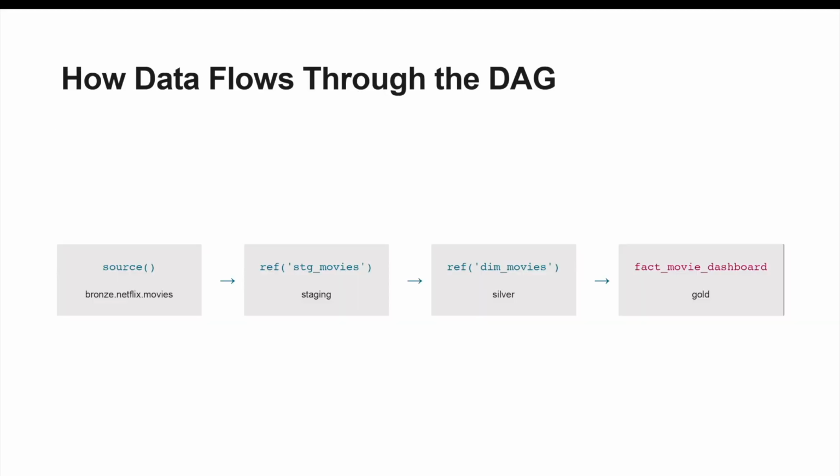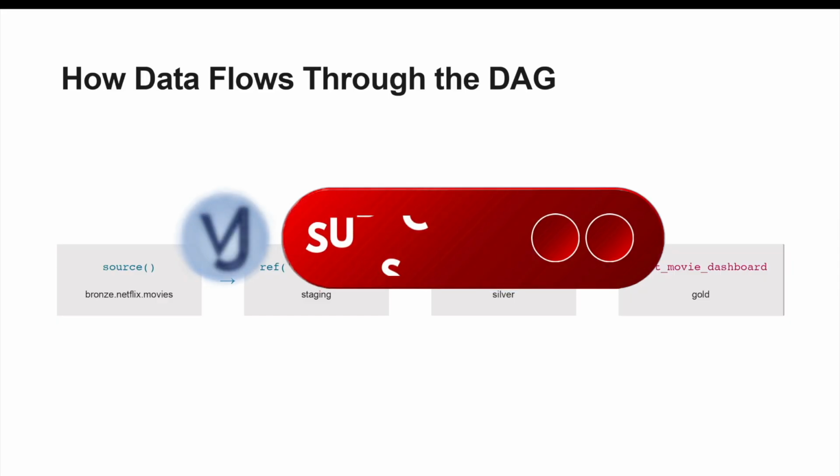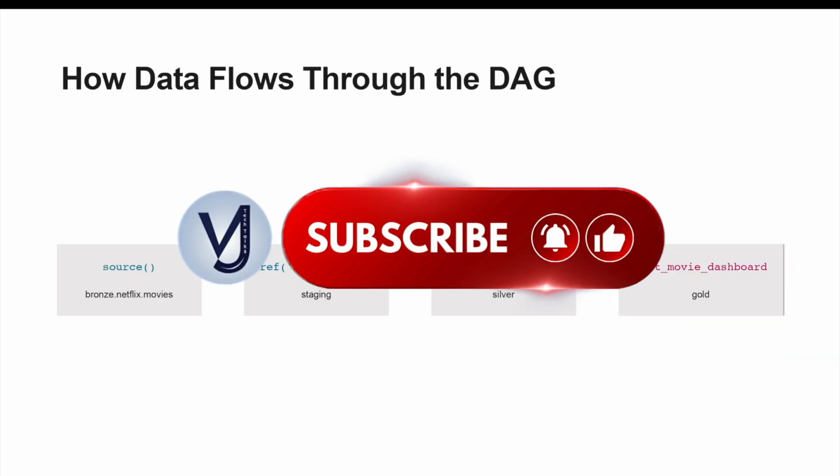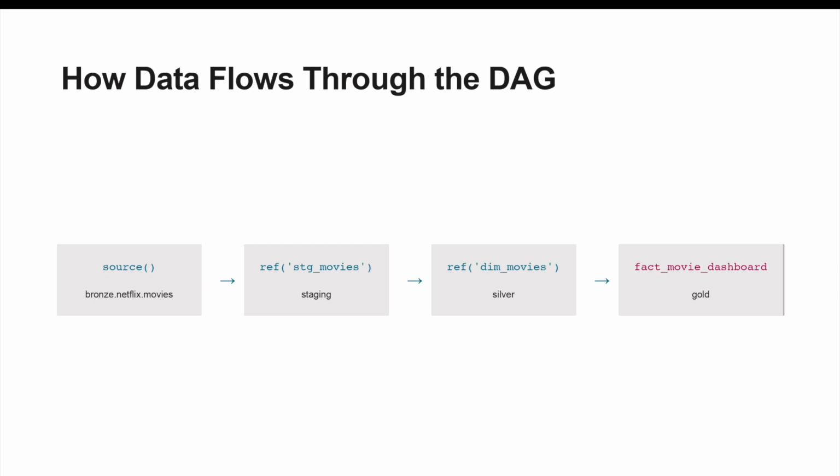The moment you complete all these steps, this is what it typically looks like. It's a DAG. You can directly look at what the source is, what reference models we have created, what silver layer we have created, what fact layer we have created, and how the data is traversing downstream from upstream.